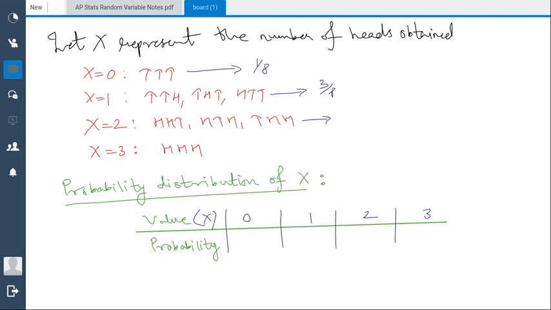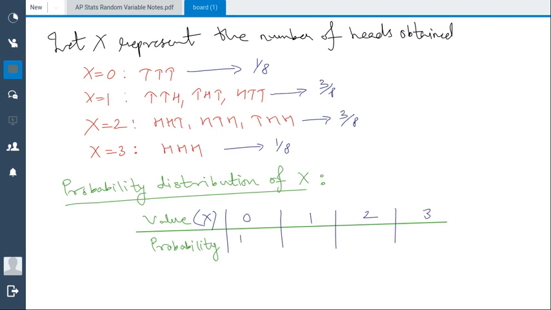So these are the probabilities which we are writing, favorable out of total. So for 0, what is the probability that X is equal to 0? 1 out of 8.